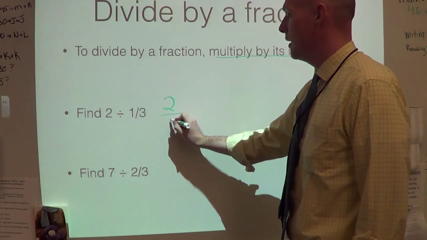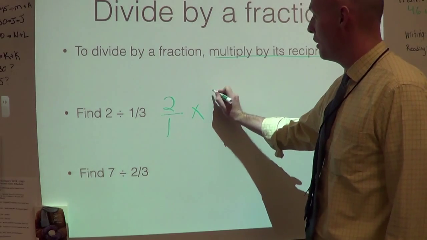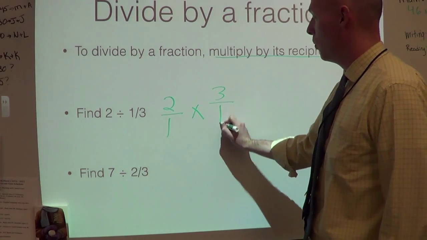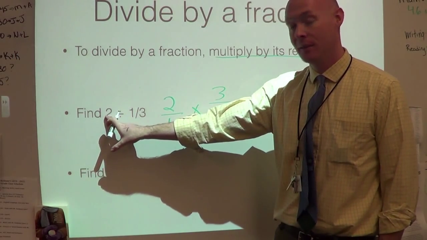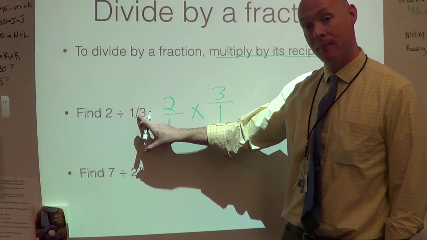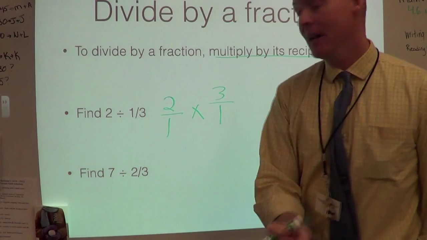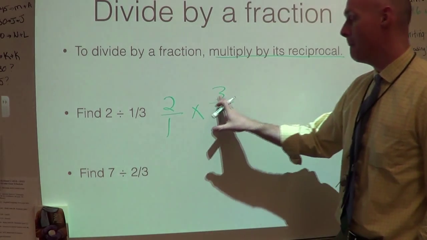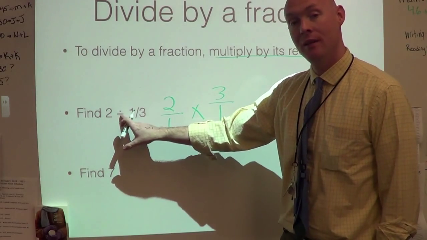So I'm just going to rewrite it as 2 over 1 times 3 over 1. Notice what I did there. I kept it, I switched it, and then I flipped it. Keep it, switch it, flip it. To divide, you have to multiply by the reciprocal, keep it, switch it, flip it.